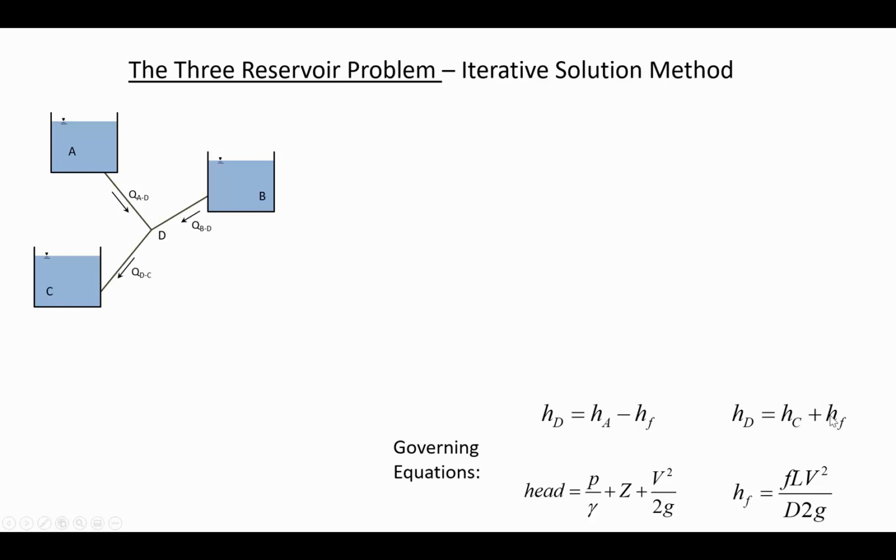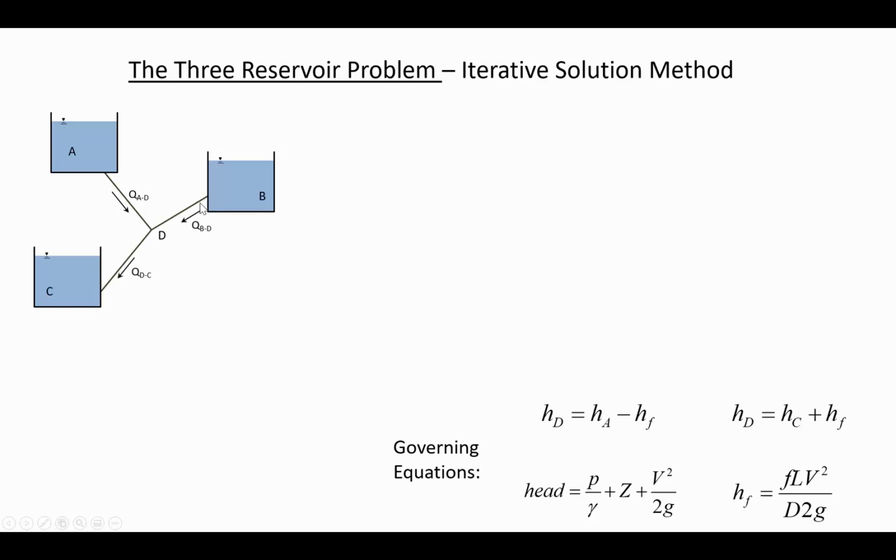That's why it's plus when we're going to D from C: we're going against the flow, meaning the head at D is greater than C, so we're adding. But we also know that the head at D is less than the head at A, so we're subtracting. Now I've just given a guess flow rate.